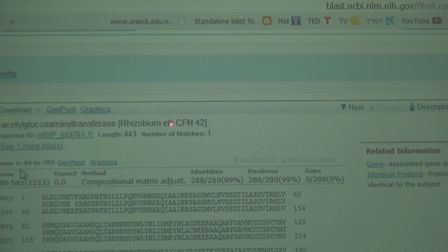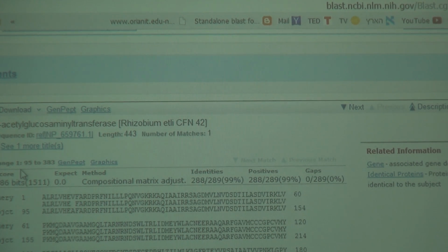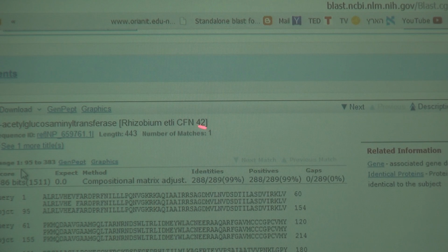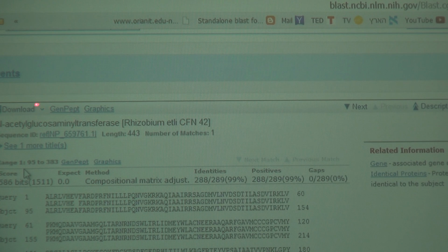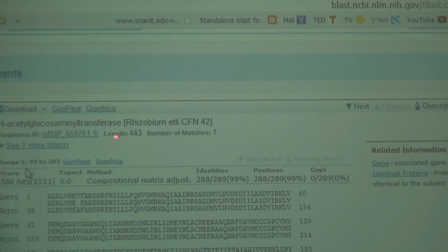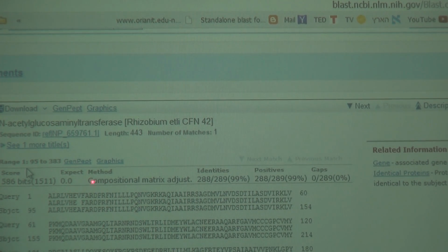And now you can see this is the sequence that we have seen up there that looks most like our sequence. We have the name, we have the organism, we have the accession number of the hit, the length in amino acids, we have the score, high score is better, expect, that's the e-value, low e-value is better.